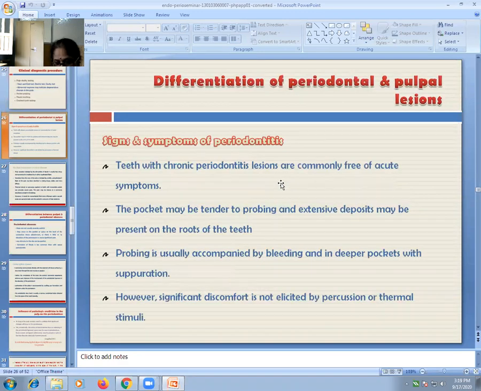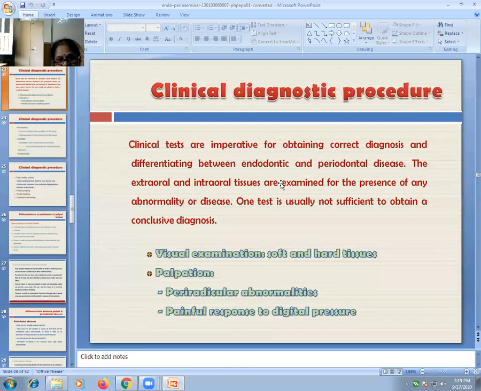When you start the visual examination of the soft and hard tissue, you check whether it is of pulpal origin or periodontal origin. On soft tissue examination, if periodontal involvement is there, there will be inflammation at the lateral side of the tooth with slight redness, and all the signs and symptoms of inflammation will be seen.